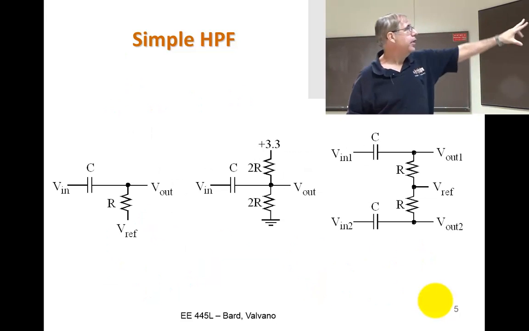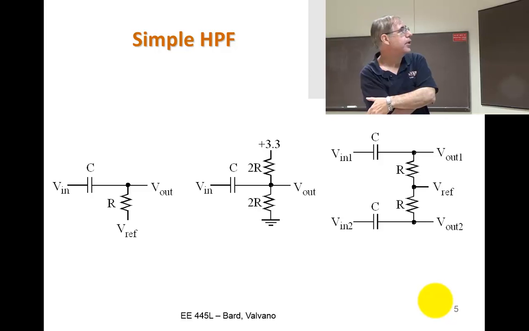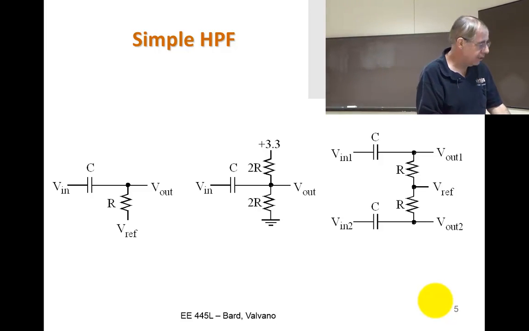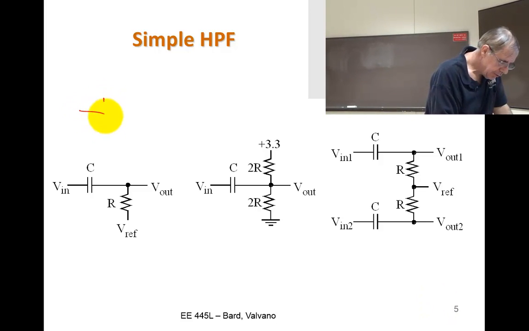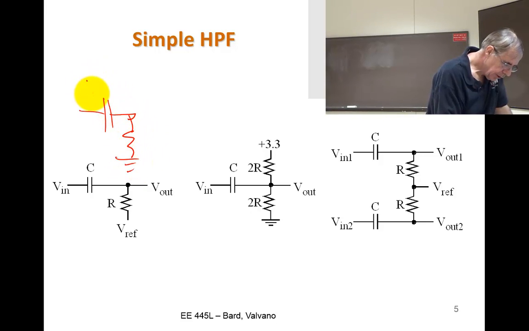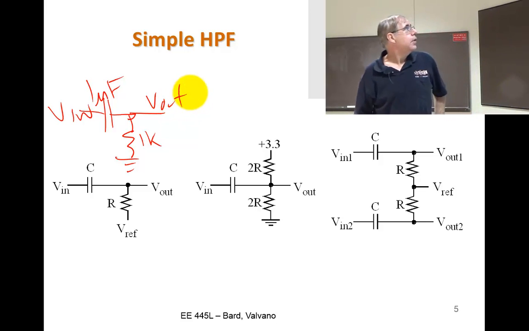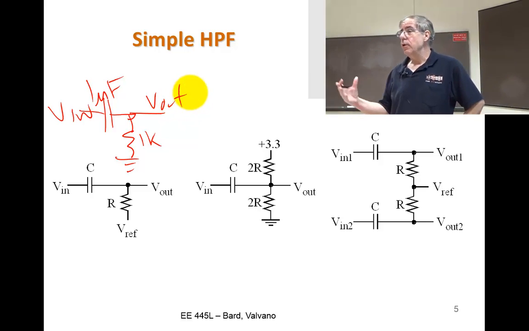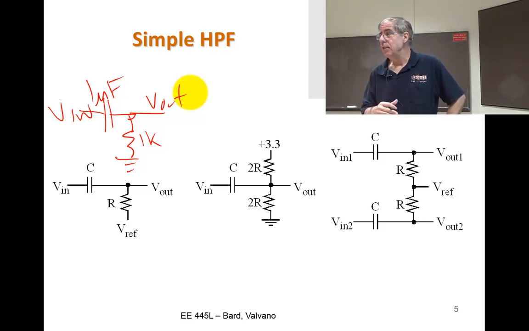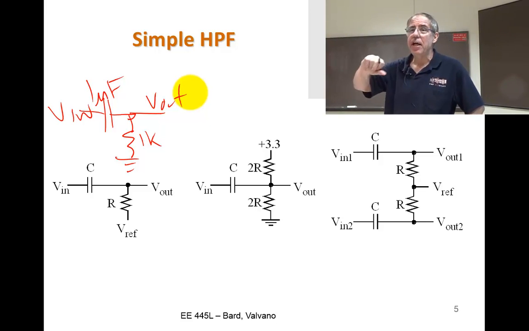How about this one here? This one here is not too complicated. I'll simplify it a little bit. Again, you want to look at the AC and the DC component.